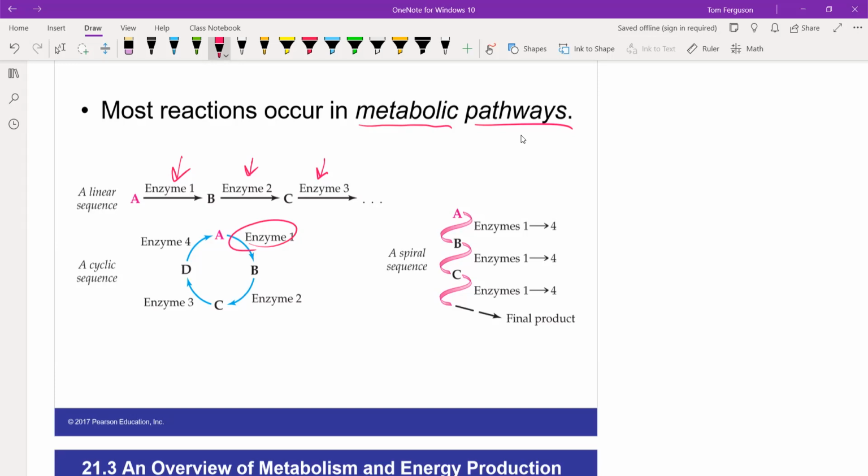Usually in pathways you start with a substrate, and then you go to a product, in one to many steps. This makes up a pathway. But it can be one step or it can be many steps. Bottom line.